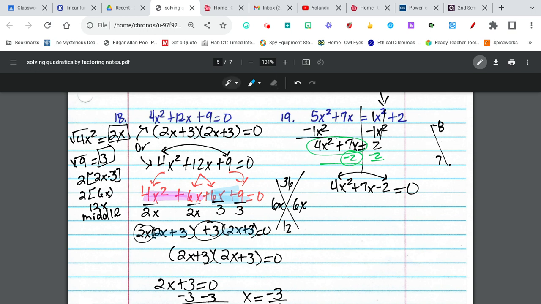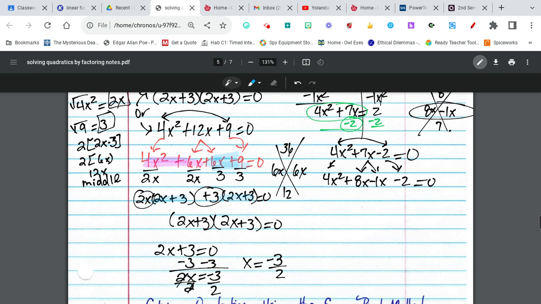Some of you may just like to keep it like this. 8 times negative 1 is negative 8, and 8 plus negative 1 is 7. But I still need you to remember that you're breaking up the middle term. So these actually become part of the middle. They bust up the middle. So plus 8x minus 1x, and then here minus 2 equal to 0.